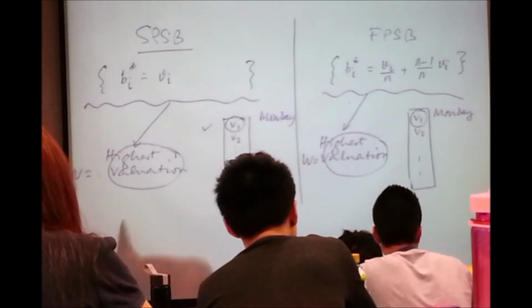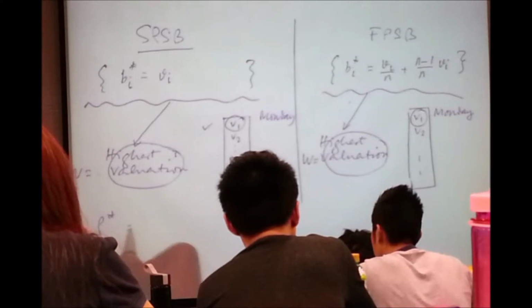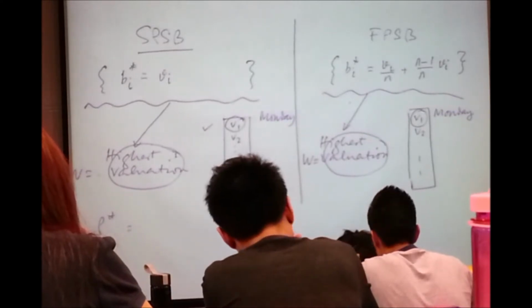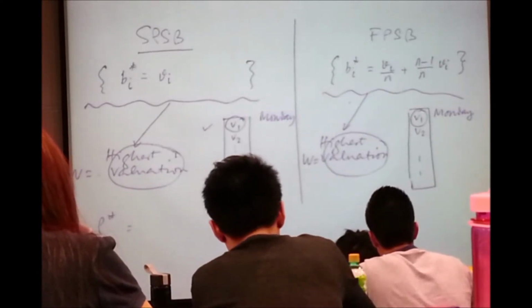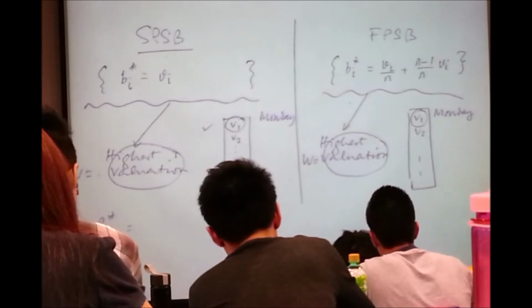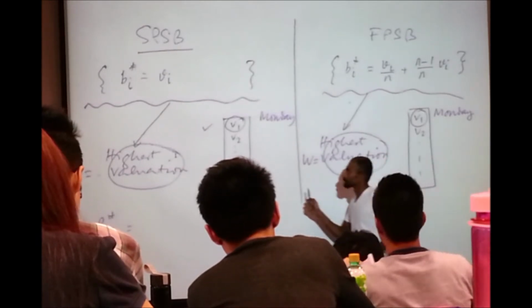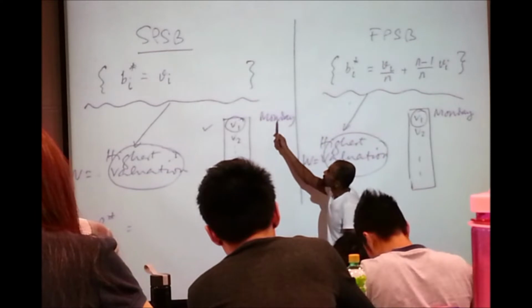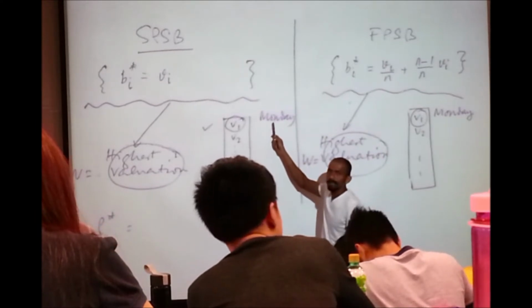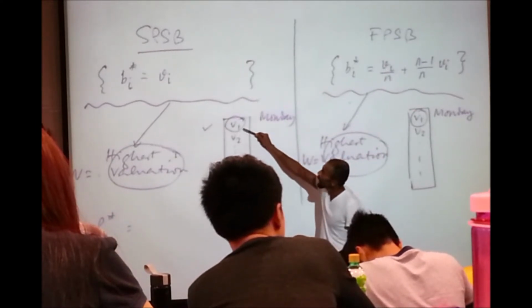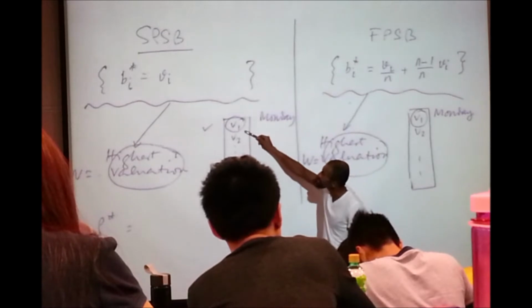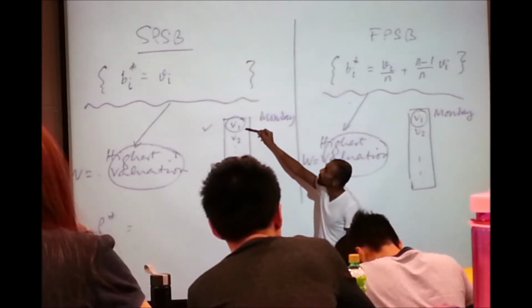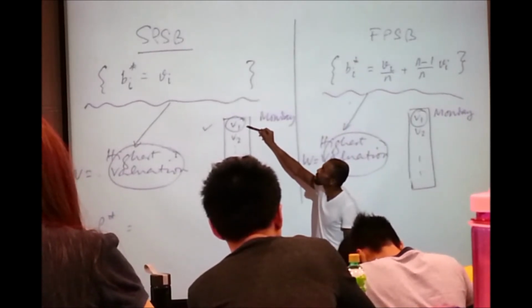The other thing I need to know is the equilibrium price in the auction. Now, notice this. If I am conducting my auction in the Monday class, every one of these n bidders will submit a bid equal to their valuation.